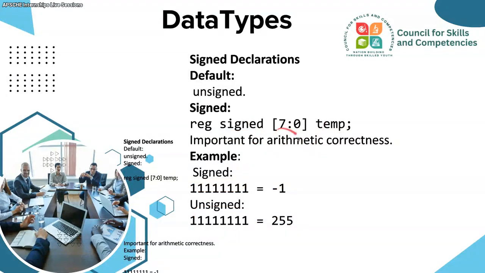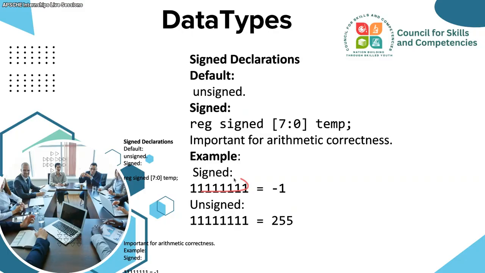So when we use these types of keywords, the default is unsigned. But if you need to store a signed value, then you have to give signed. And this is an example. If you make all 8 bits 1, the most significant bit will represent the sign, so minus.